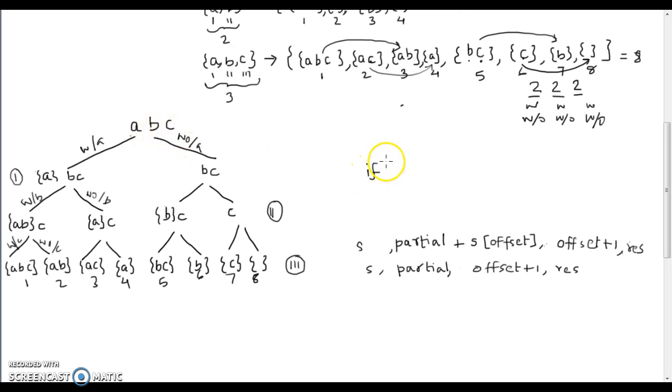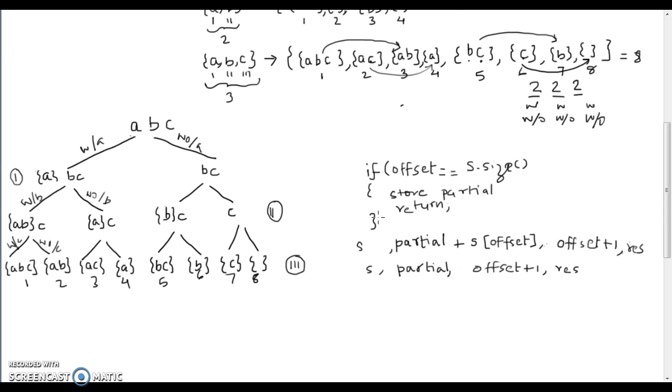So if my current offset has reached the size of my input, S dot size, then I'm done. I don't have anything more to choose from, so store partial and return. Let's see quickly how that looks in the code.